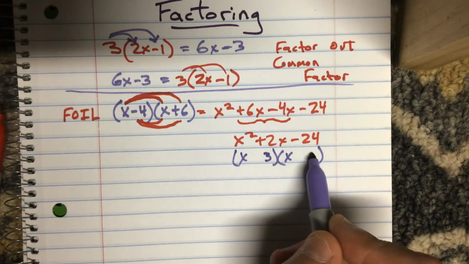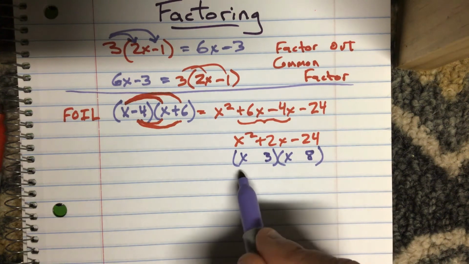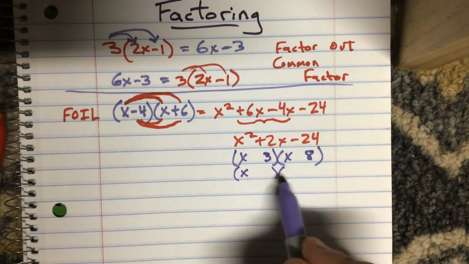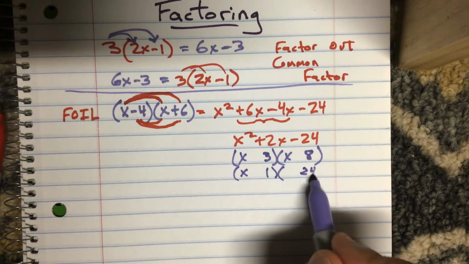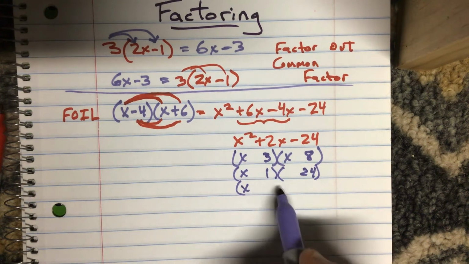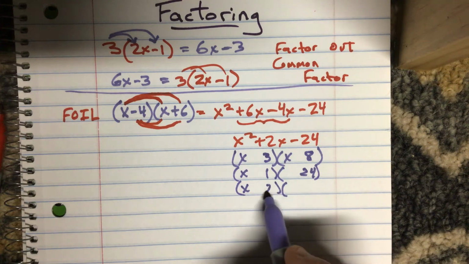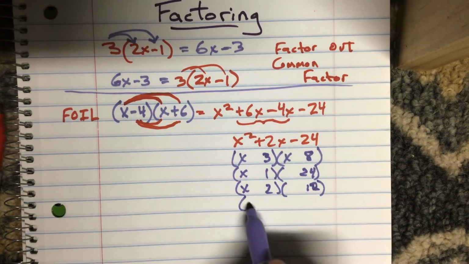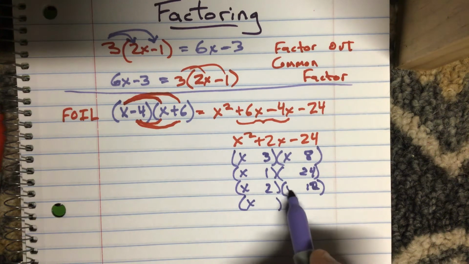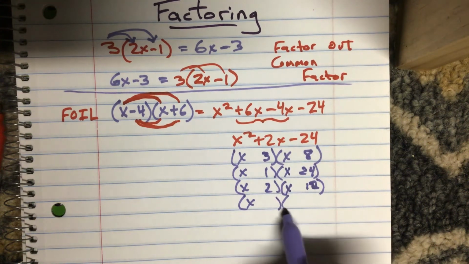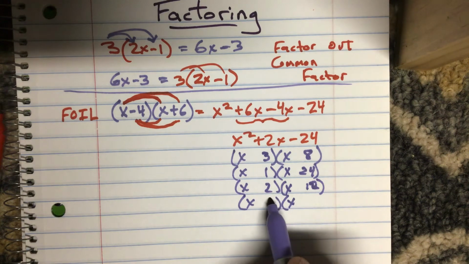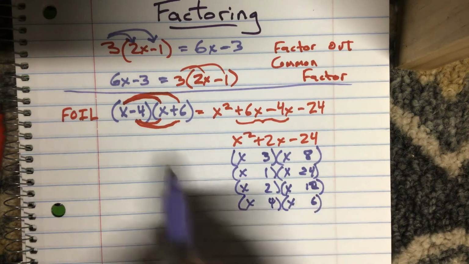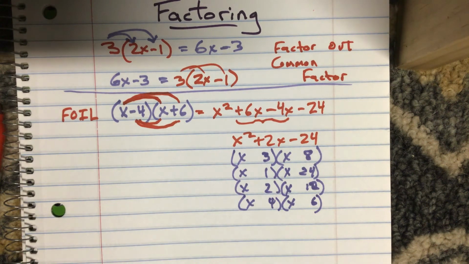We could say 3 times 8 is 24. We could say 1 times 24. We could say 2 times 12 is 24. And we could say 4 times 6, which we know is the right answer because we're working backwards here.